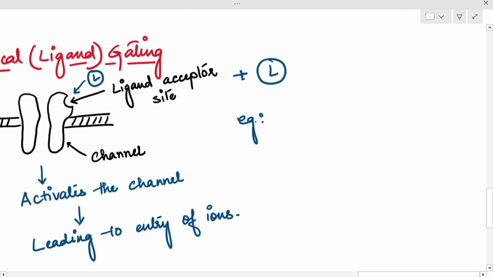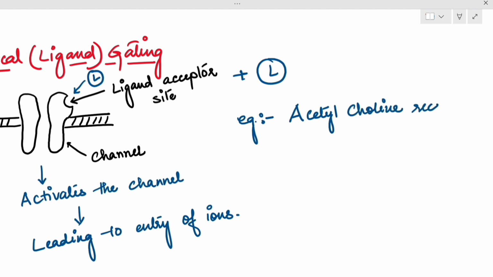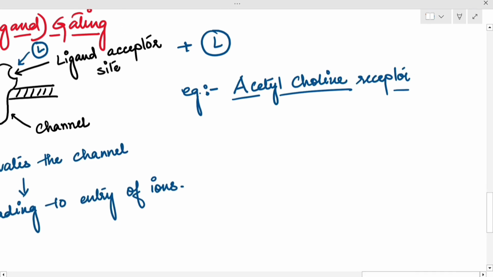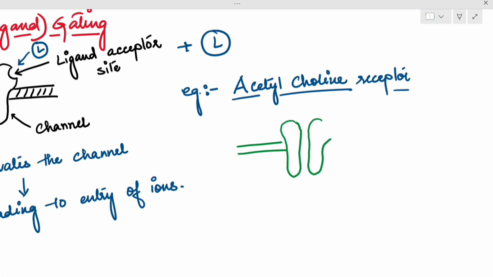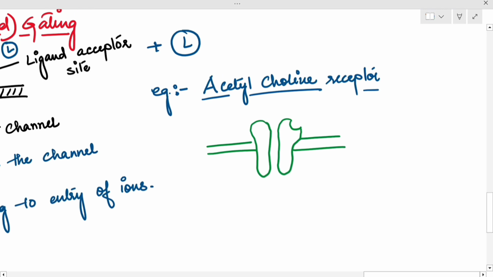The best example is the acetylcholine receptor. Okay, so this is the receptor.